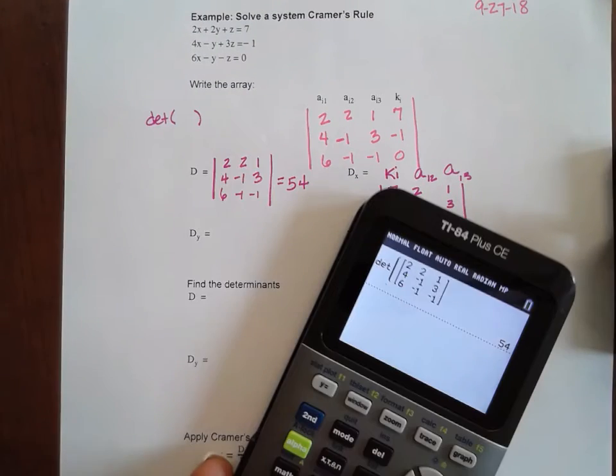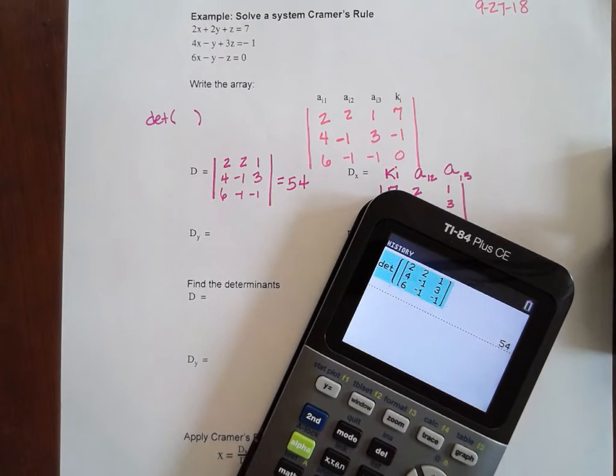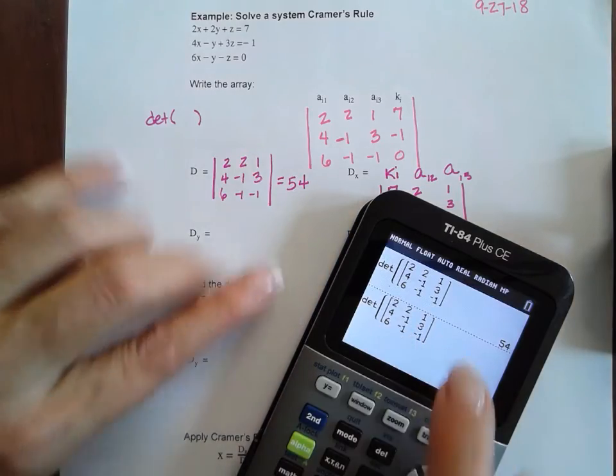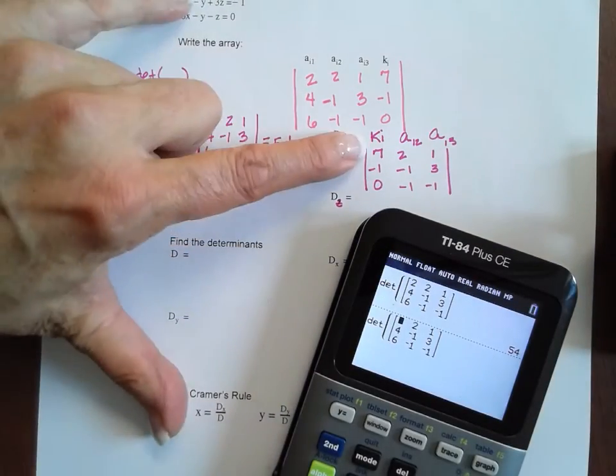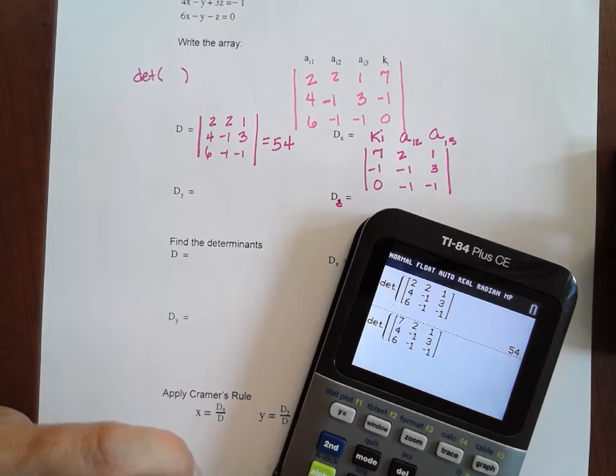And then I go back and get my handy-dandy calculator. And I just copy and paste because the original's up there, so all I have to do is replace the one row.